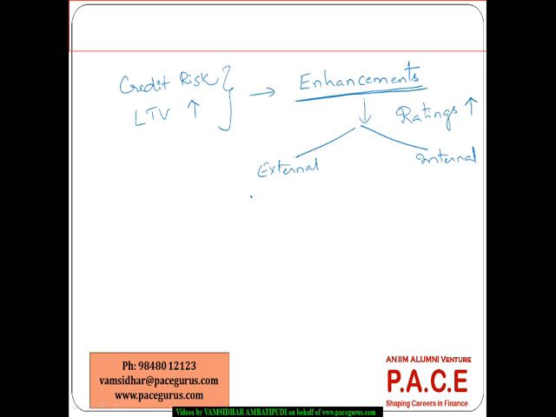An external enhancement is a financial guarantee from a third party, and generally this kind of financial guarantee is expected from a monoline insurance company. An insurance company that is purely set up, or whose pure objective is to provide insurance against defaults on the MBS. Right?